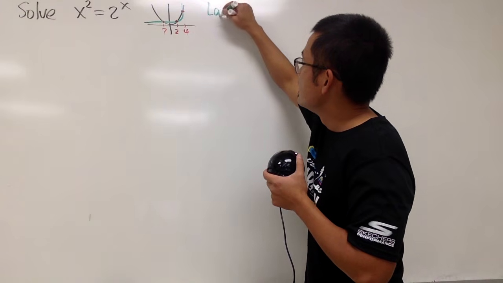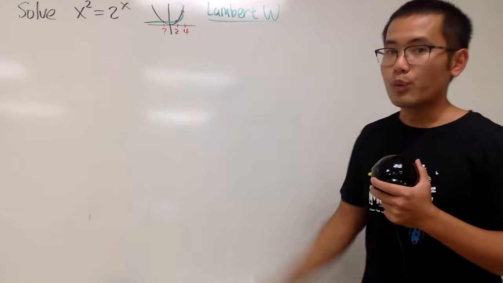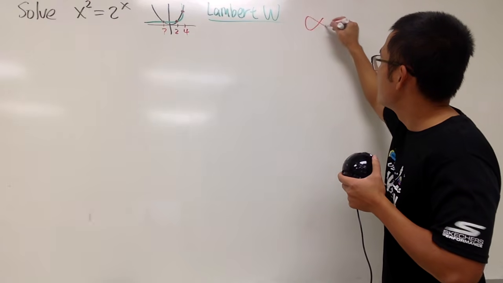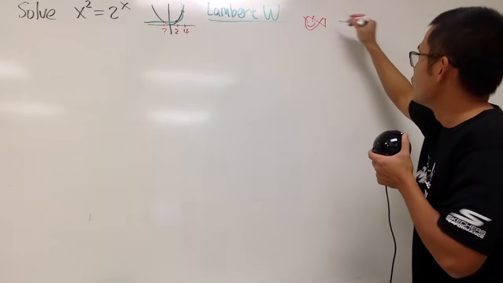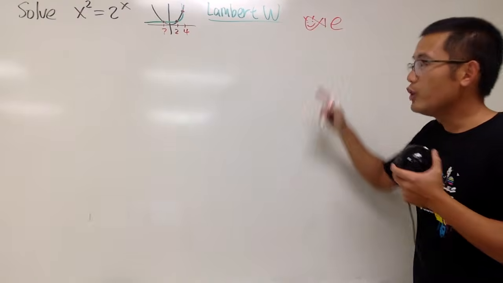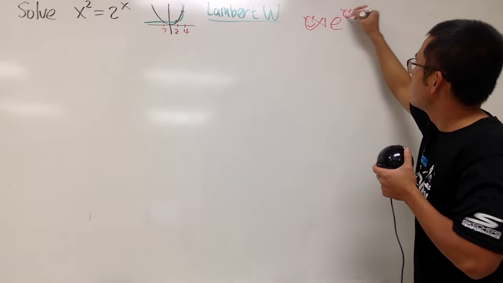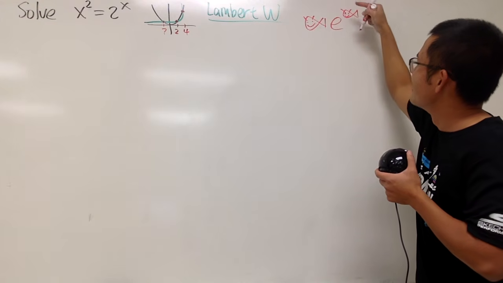So this is the Lambert W function, and this is how it works. What you want to have is a fish first, right? So this is a fish. And then what you want to have next is e, and then the same fish right here, right? So they are meant to be the same exact fish. Excuse my picture right here.